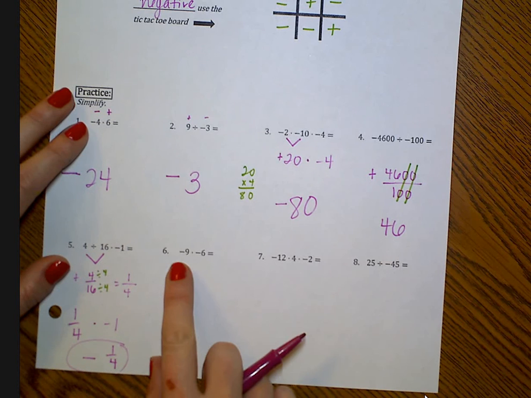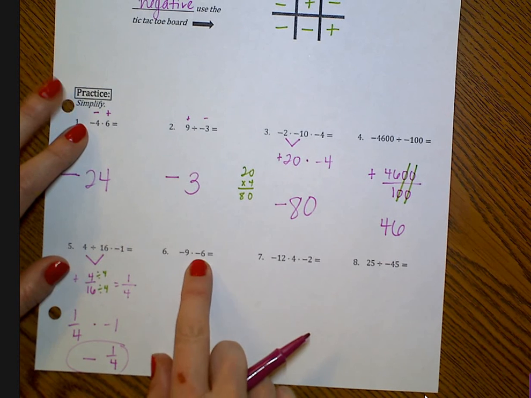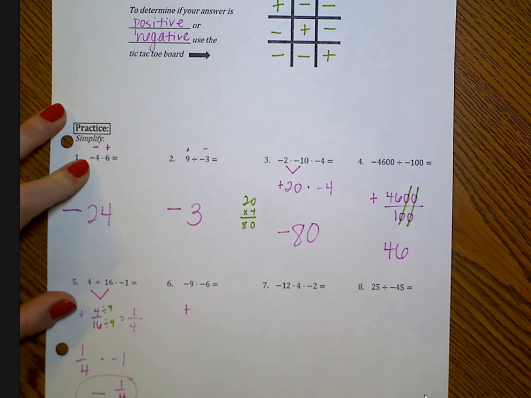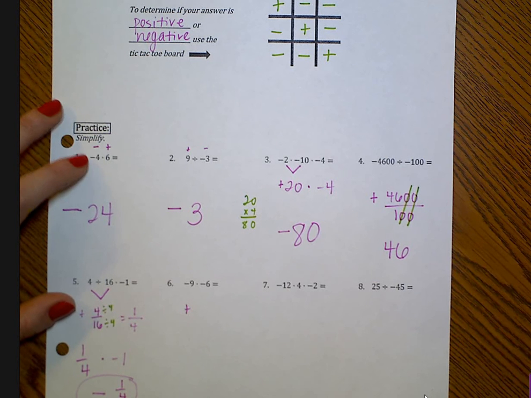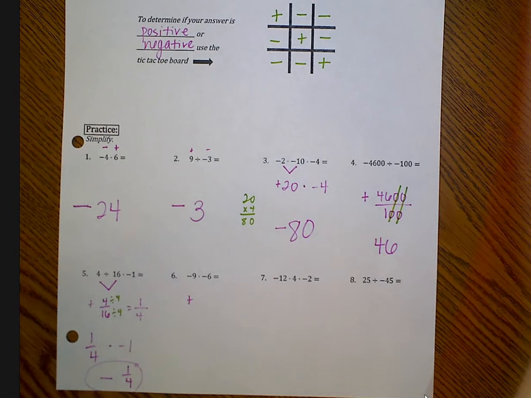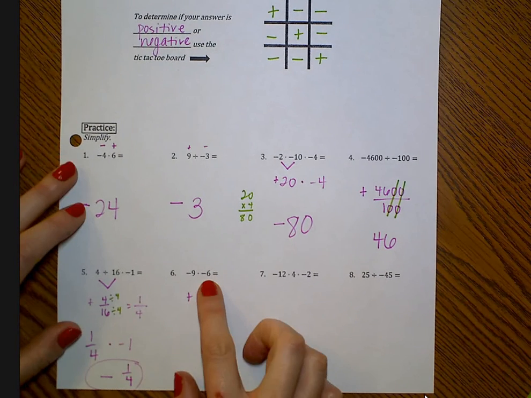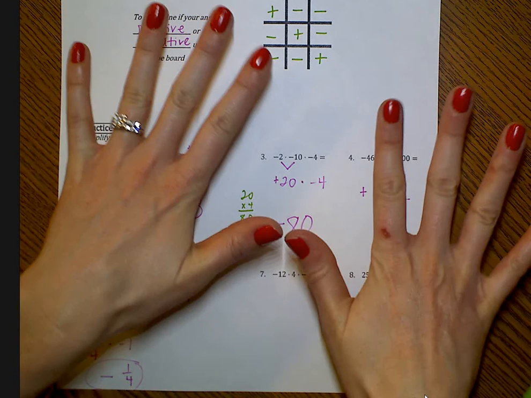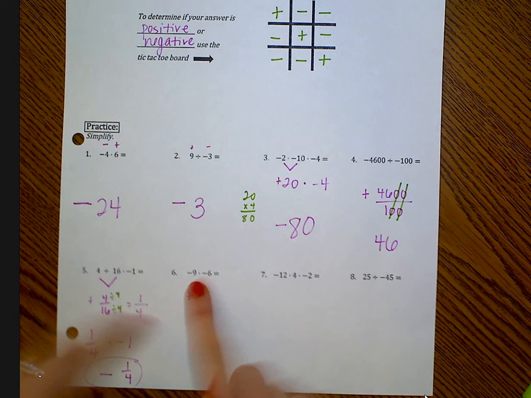Okay, I've got a negative times a negative on number 6. Negative times a negative is a positive. And I showed you this because I wanted to show you the trick of the 9s. So let's see how good this works. If you're doing 9 times any number that's less than 10, you put out your hands, and I'm trying to do 9 times 6. So I put my hands out.